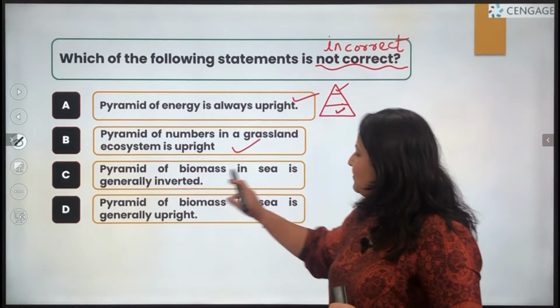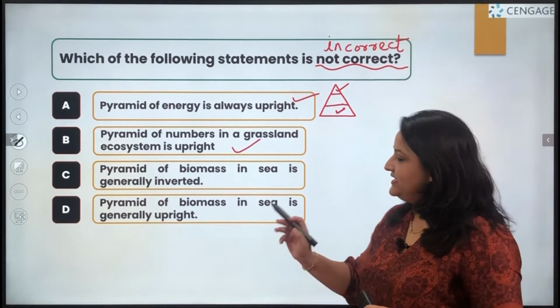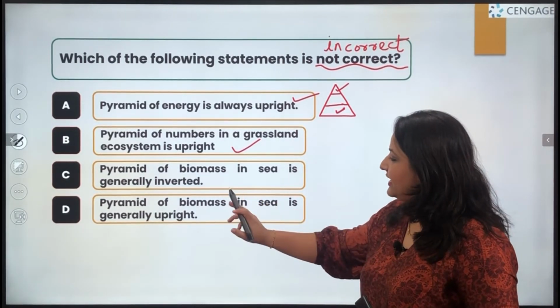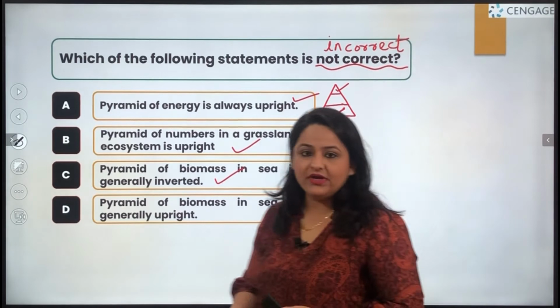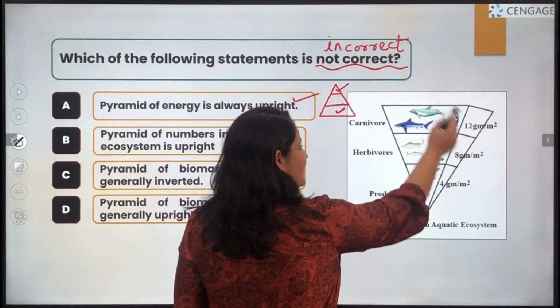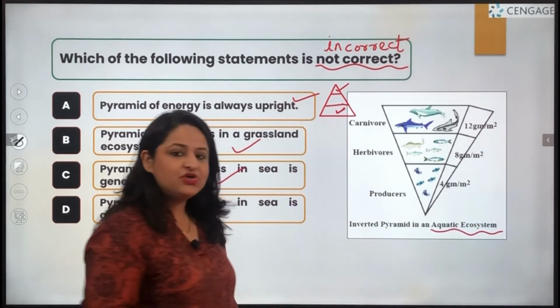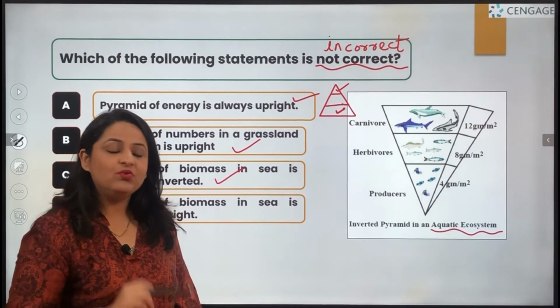The pyramid of biomass in sea is generally inverted. So this is also a correct statement. We can see over here an example of the pyramid of biomass in an aquatic ecosystem. Their pyramid is inverted.